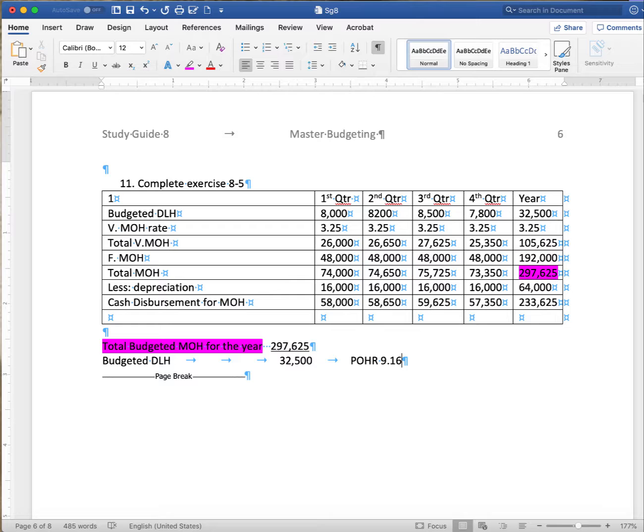Okay, so when you get to that problem in Connect, if you rewatch this video and you understand budgeted hours times the variable MOH rate, I get my total variable MOH. I add the fixed to the variable to get my total MOH. I subtract out my depreciation. That's how much cash disbursements are for the selling and administrative.